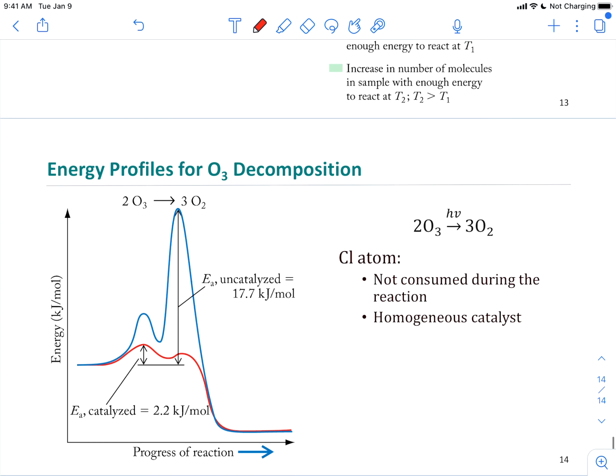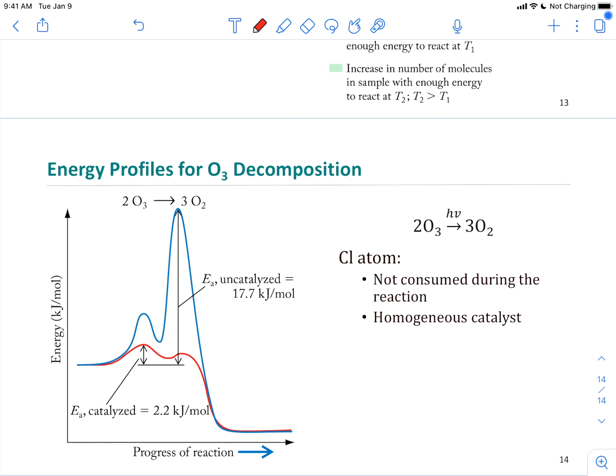The last thing is this energy profile for ozone decomposition. And all I want to do here is to show what a catalyst does. And what a catalyst does, and it does it several different ways, and we'll talk about this in class, but it lowers the energy of activation. So this is a particular reaction which is kind of a 2-step type of reaction.